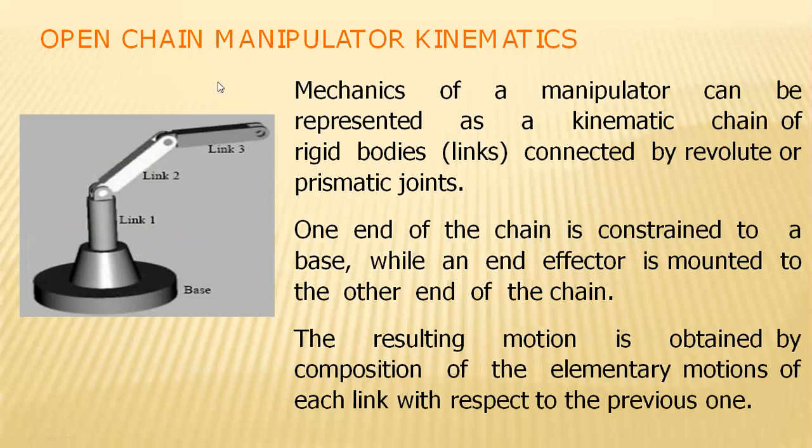See the open chain manipulator kinematics. So in space, the mechanisms lead to homogeneous transformations to the different links, either link 1 or link 2 or link 3. The mechanism of a manipulator can be represented as a kinematic chain.